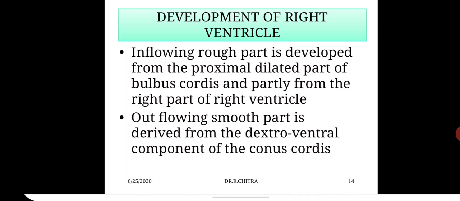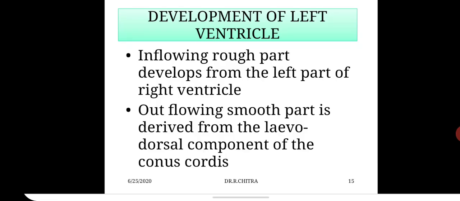The outflowing smooth part is derived from the conus cordis, dextroventral component. Development of the left ventricle: the inflowing rough part develops from the left part of the primitive ventricle. The outflowing smooth part is derived from the conus cordis, levodorsal component.